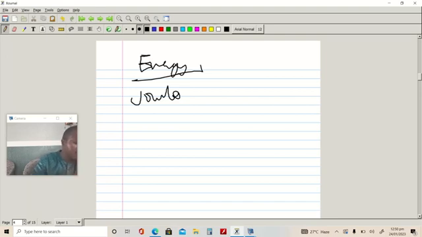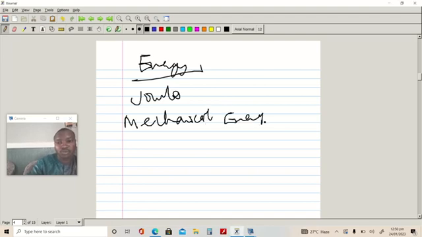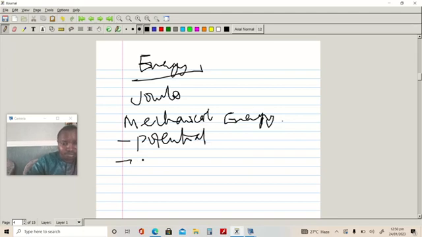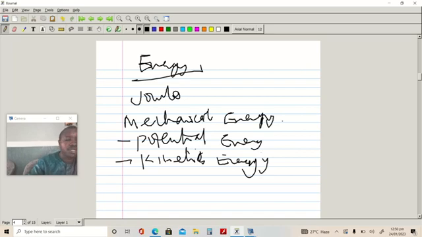So let's see mechanical energy and the forms of mechanical energy, because we are dealing with mechanics now. The forms of mechanical energy are potential energy and kinetic energy.